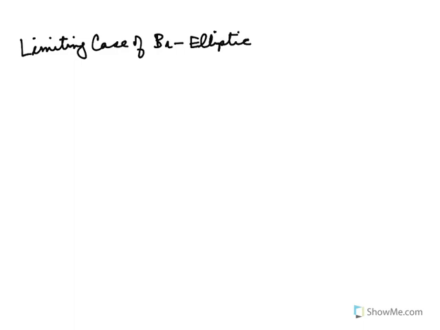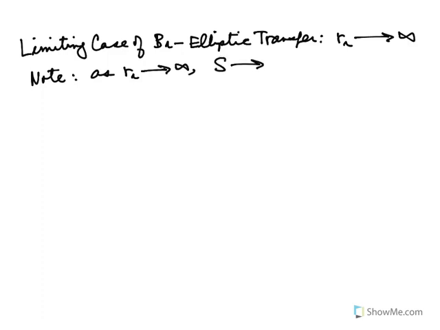So the limiting case of the bielliptic transfer works as follows. It's when Ri approaches infinity. So this is a limit that applies as Ri approaches infinity. Note that as Ri approaches infinity, S also approaches infinity, right? Because recall that S is equal to Ri over R2.